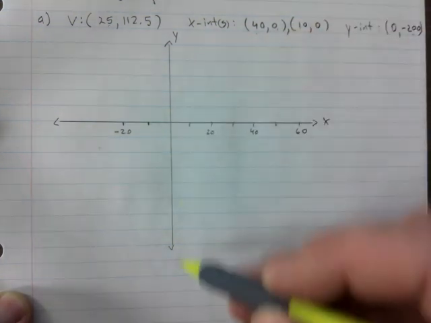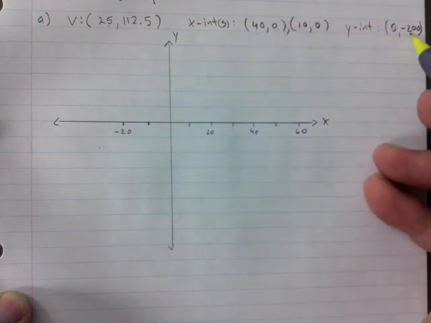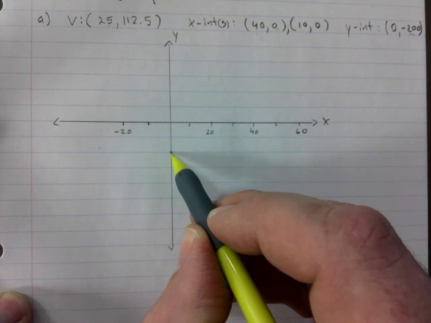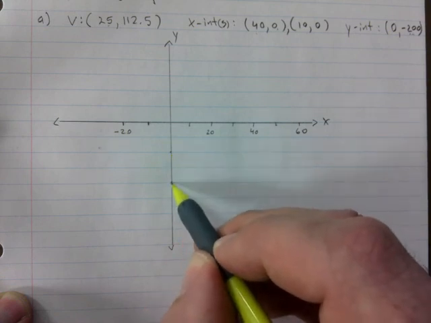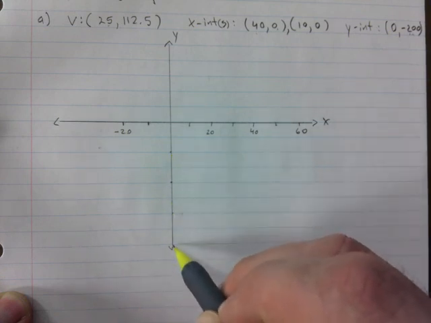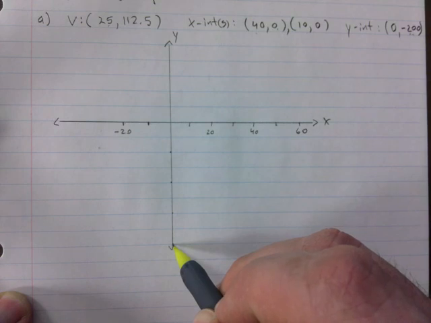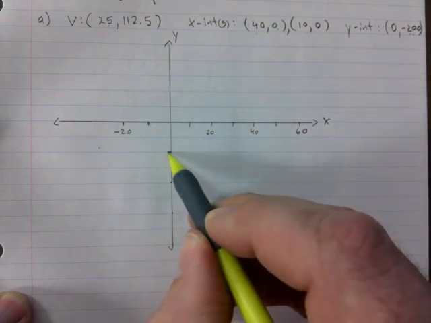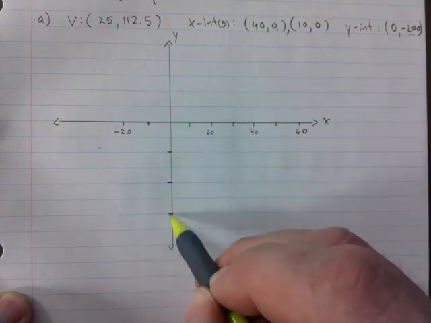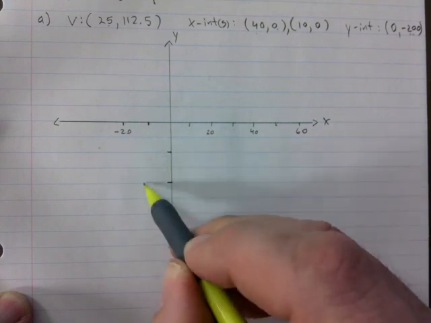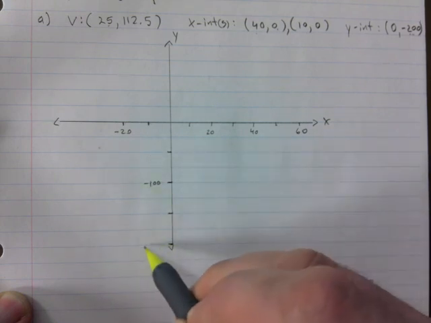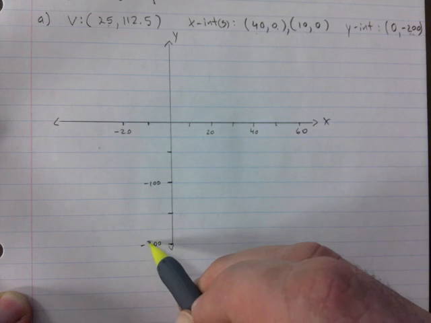And then here, I need to be careful. I need to be able to make it all the way to negative 200. So I will just test it. Negative 50, 100, 150, 200. So that works out for me. So I'm going to make a mark there, there, there, and there. This is negative 100, and this is negative 200.